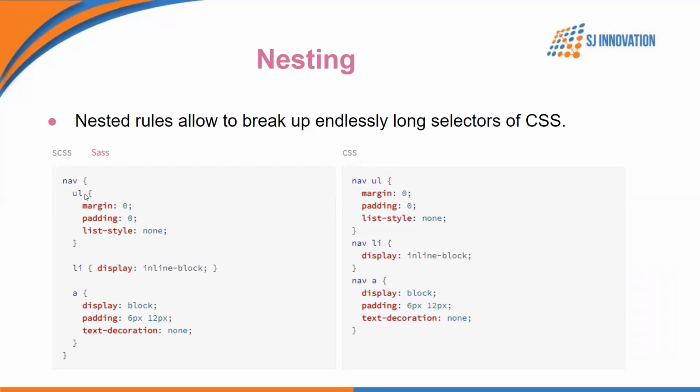Here we have selected the ul, li, and a selectors inside the nav selector, which is easy to read and very organized. So in SASS we can do it this way, but in CSS we have to write long selectors to do a simple thing. So I think it's very easy to use.